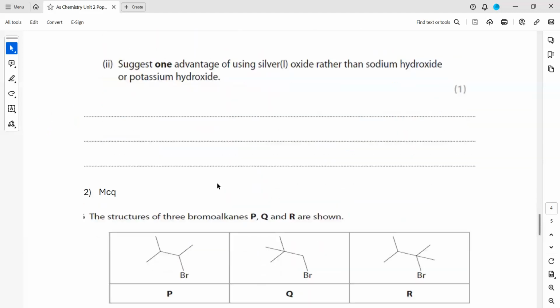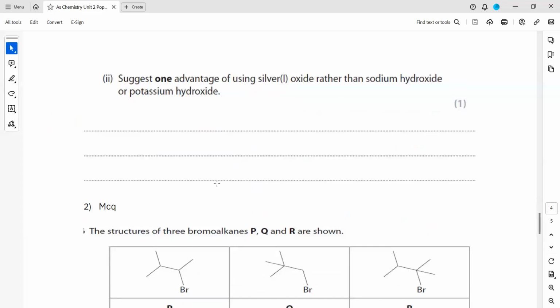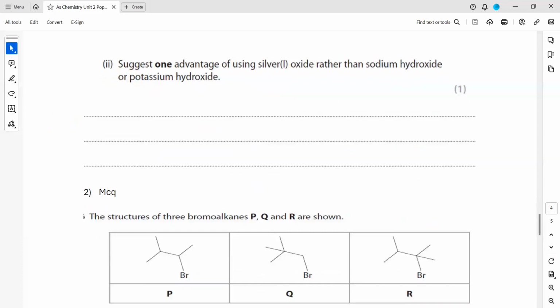Now, one advantage of using silver(I) oxide rather than sodium hydroxide or potassium hydroxide. The main reason is that alkalis such as potassium or sodium hydroxide are corrosive.